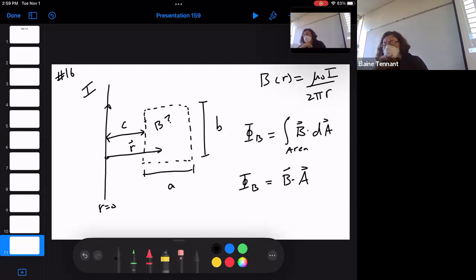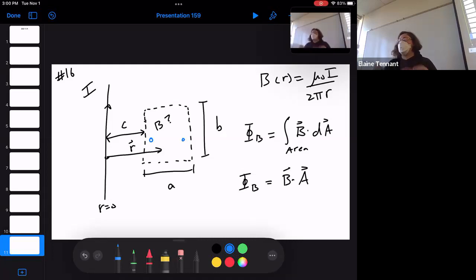Is my magnetic field through this entire rectangular region the same? If I chose two spots here, would my magnetic field be the same or different?